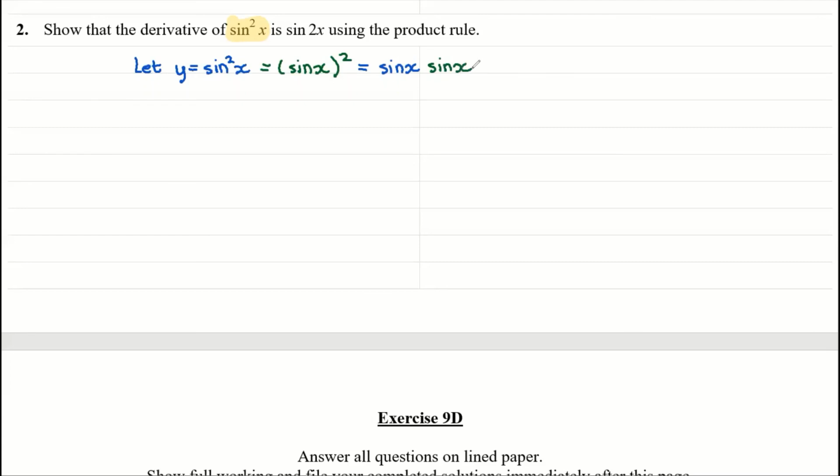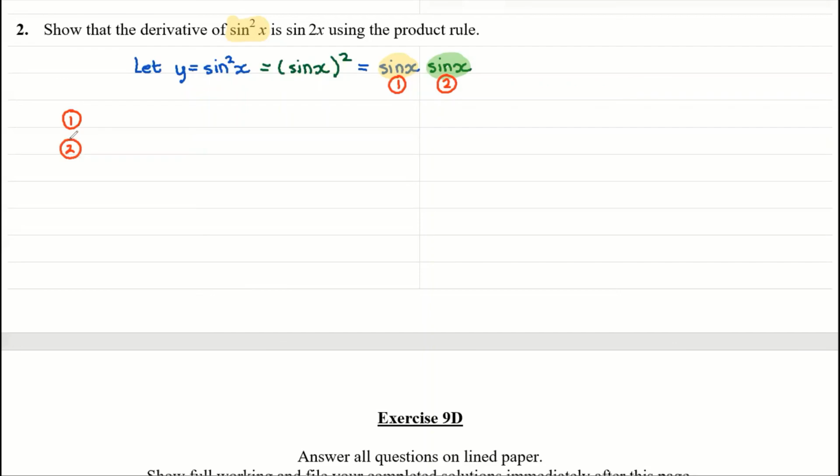Hence, it is a product of itself. That's what squaring is, isn't it? So now we've got our 2 functions. They are identical in this respect, so that's nice and easy. Once we've differentiated, it's done for both of them. So I'll label it 1 and 2 as usual. This is number 1. This is number 2. So 1 would be f, 2 would be g, or 1 would be u, 2 would be v, etc. So let's write them down.